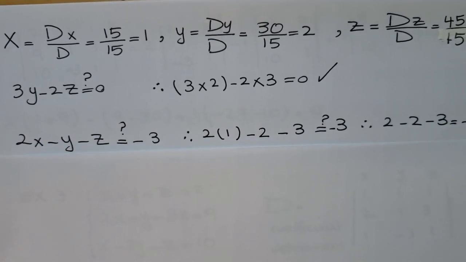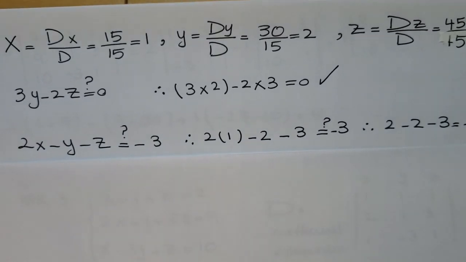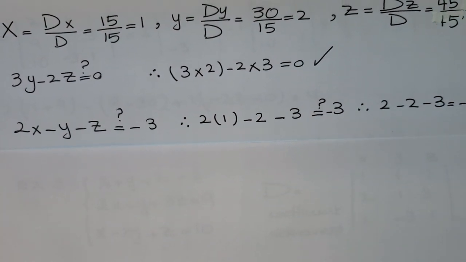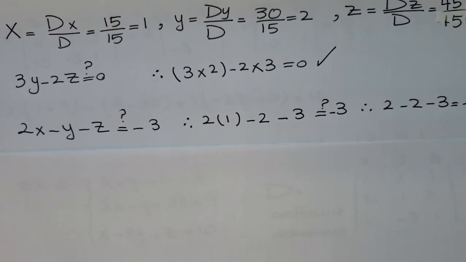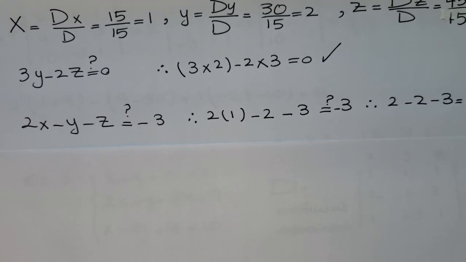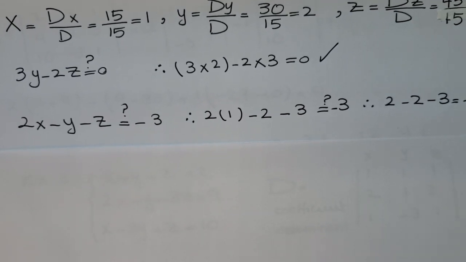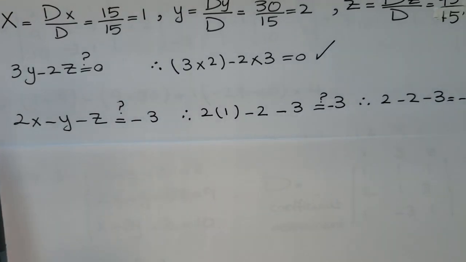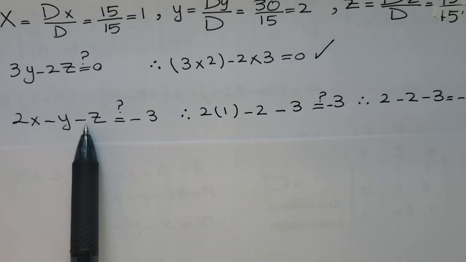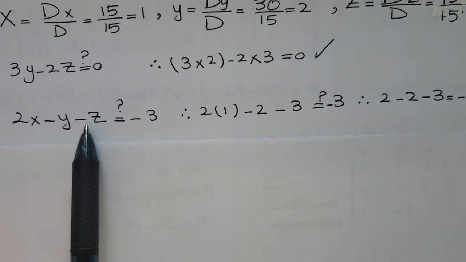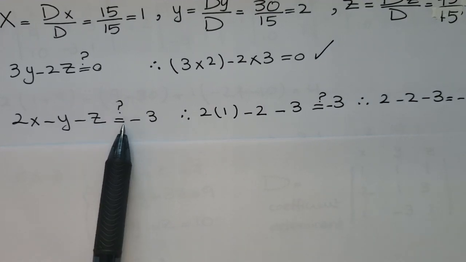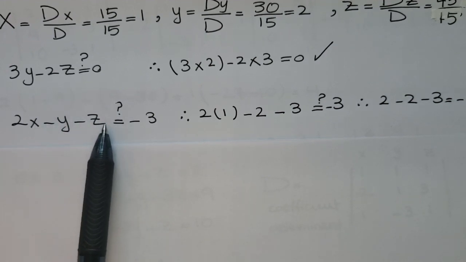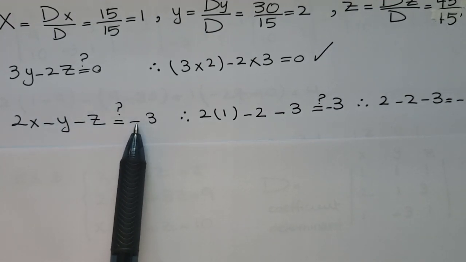So let's try on another equation with 3 variables, which is better because here we had 3 variables, and I want to make sure that all the variables are calculated correctly. So 2x minus y minus z is in one other equation, and after substituting the value for x and y and z, it should be equal to negative 3.